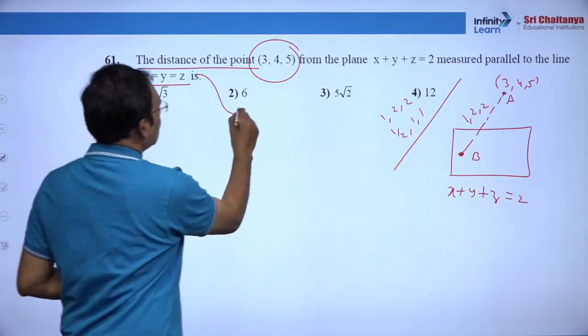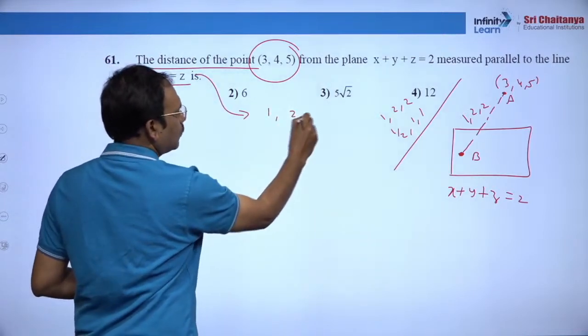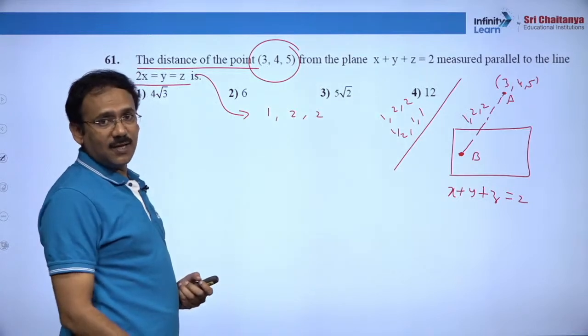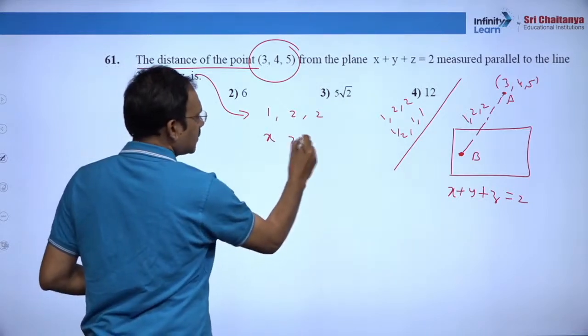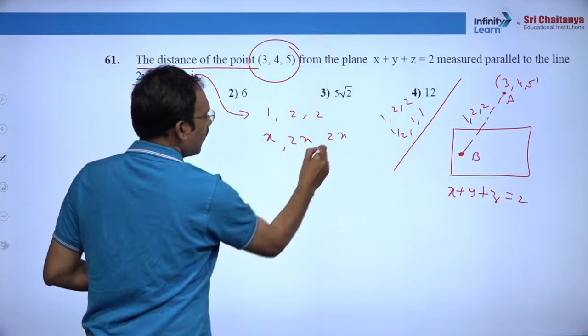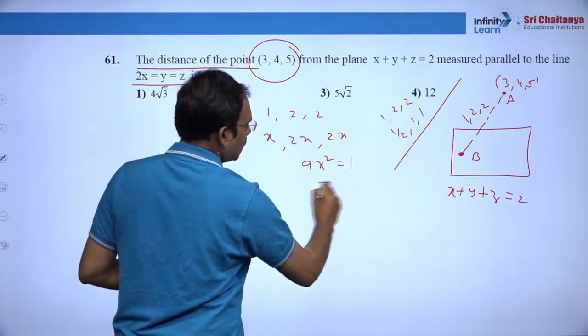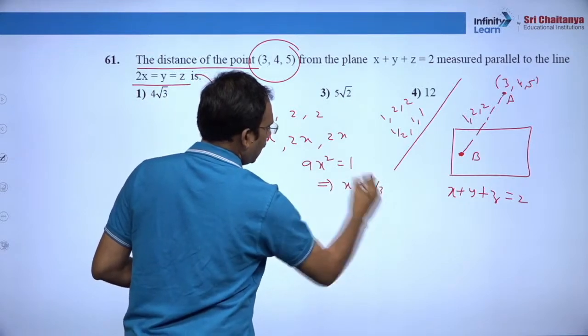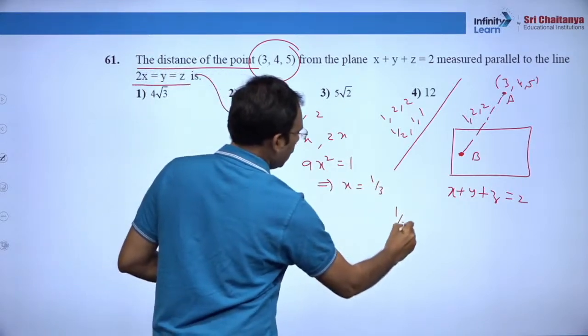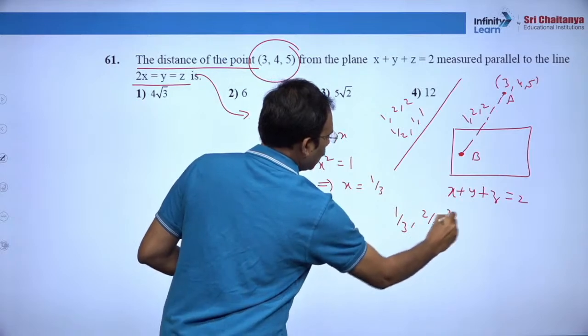For this line, the DRs are going to be 1, 2, 2. You just find the DCs, my dear friend. DCs in the sense x, 2x, 2x. The sum of their squares must be 1, which is 9x square equal to 1, so x is 1 by 3. So the DCs are going to be 1 by 3, 2 by 3, 2 by 3.